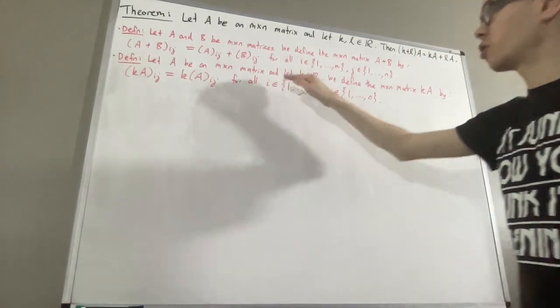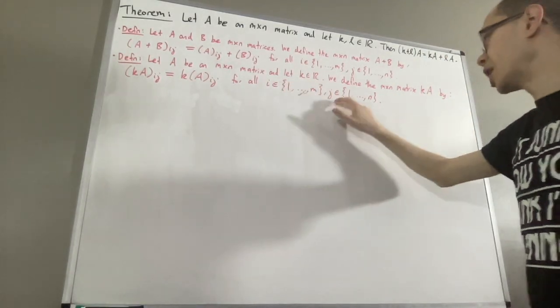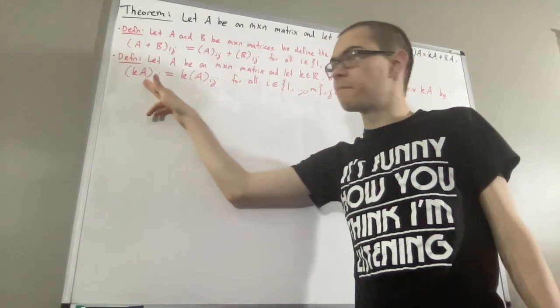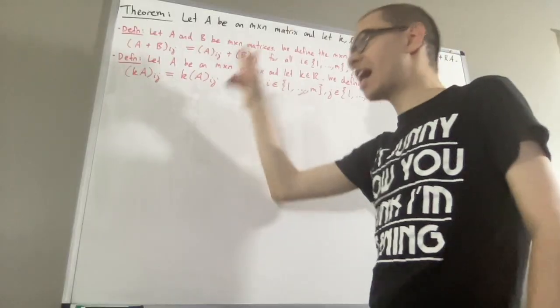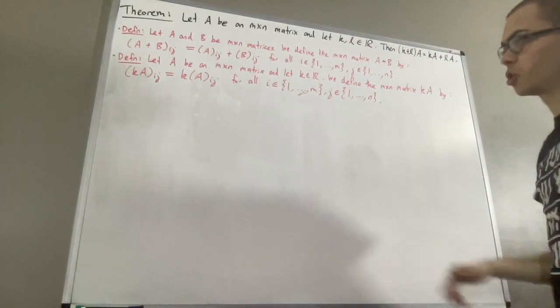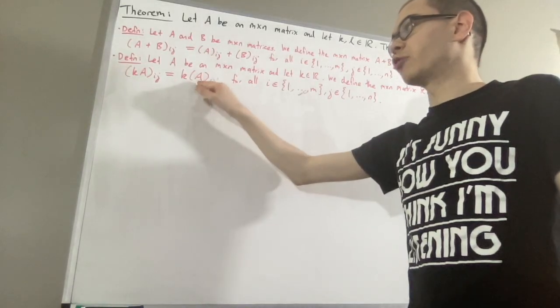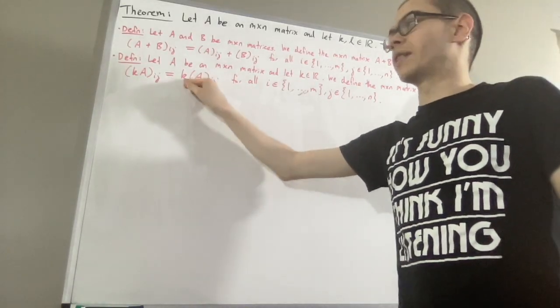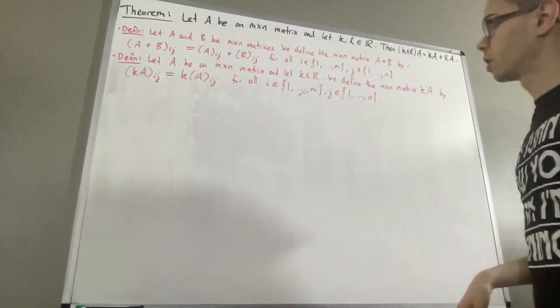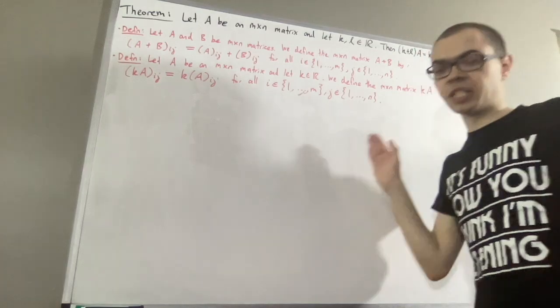So for each pair of integers i between 1 and m and j between 1 and n, the ij entry of KA will be equal to K times the ij entry of matrix A. So we just take each of the entries of matrix A, multiply them all by K, and that'll give us the matrix KA.